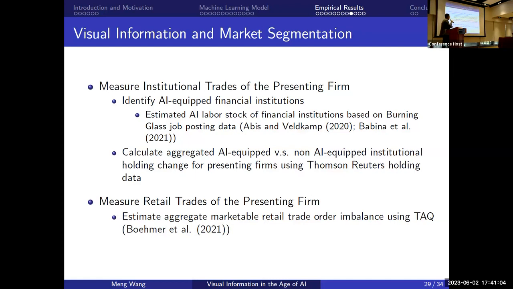Then we calculate the aggregated AI-equipped versus non-AI-equipped institutional holding change for the predicted firm using Thomson Reuters holdings data. To measure the retail trades of the predicted firm, we follow Boehmer and others 2021. We estimate the aggregate market order imbalance using trade data.